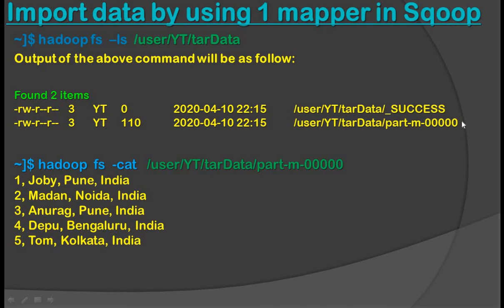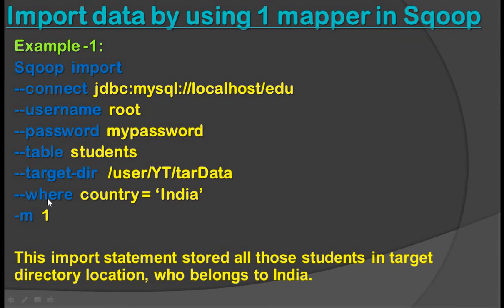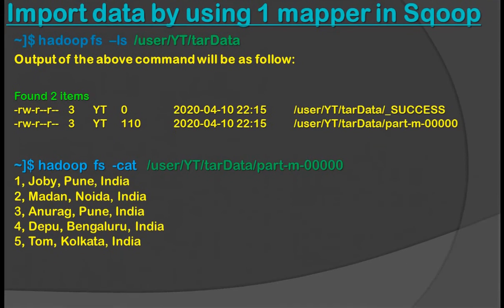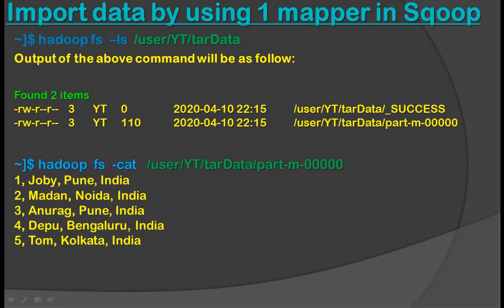As we are seeing, we are getting only one mapper file. Here we are using only one mapper, that's why we are only getting one mapper output. And if we want to see the data of this mapper, we can use the cat command, and by using the cat command we can see the data of this mapper file this way.